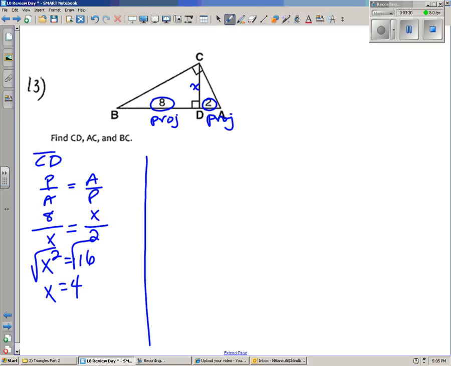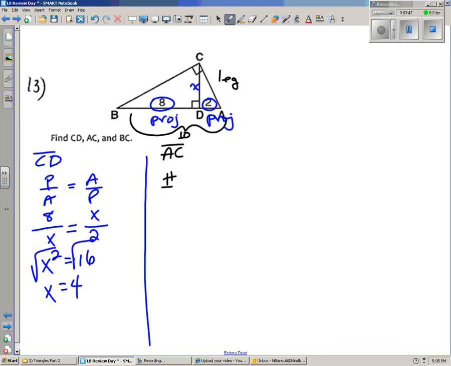Next up is AC. AC is a leg. Okay, so we have to use HELP. But in order to use HELP, we would need the hypotenuse. But thankfully, we have both projections, and we can add them up to get 10.